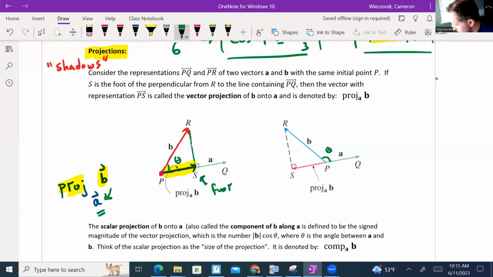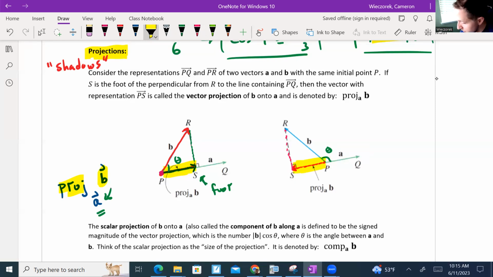If the angle between them is obtuse, pushing B onto A creates an angle of 180 degrees, because the only way to make a perpendicular is to extend the vector the opposite way. So this would now be my vector projection of B onto A.